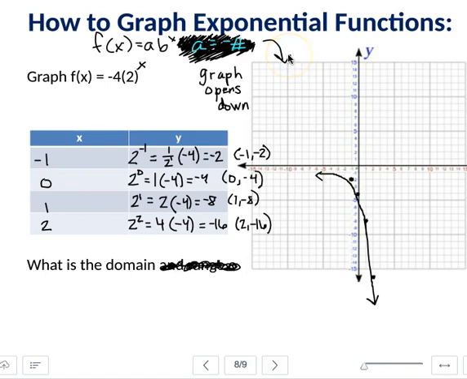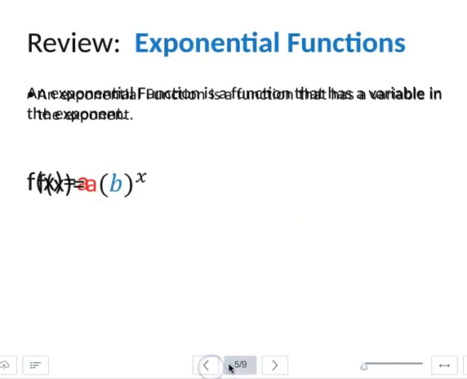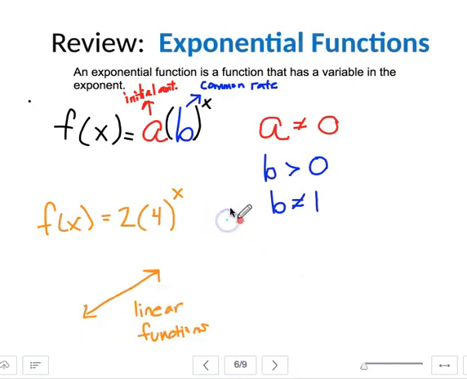So that's something to keep in mind as you start this week's work. The domain would be all real numbers here, because our x value can be anything. Another thing to keep in mind with an exponential function is that the first number cannot be equal to 0.